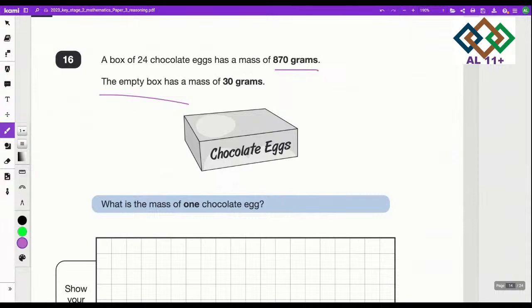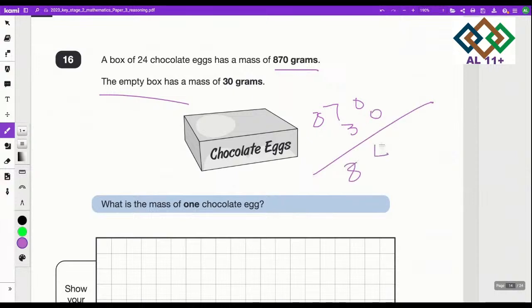So basically, first you will do 870 minus 30. What is that? The first thing is you will do 870 minus 30.